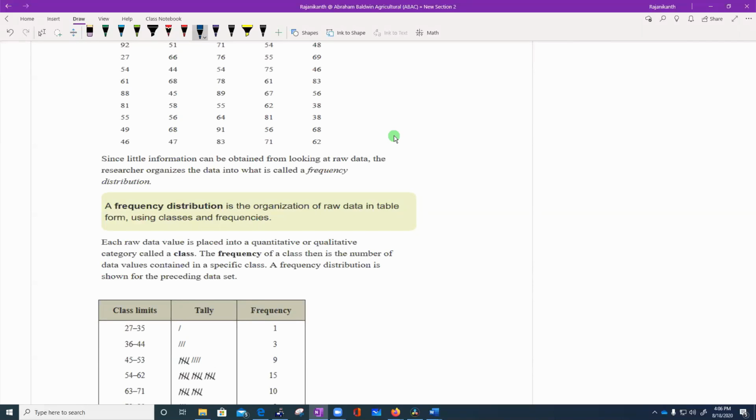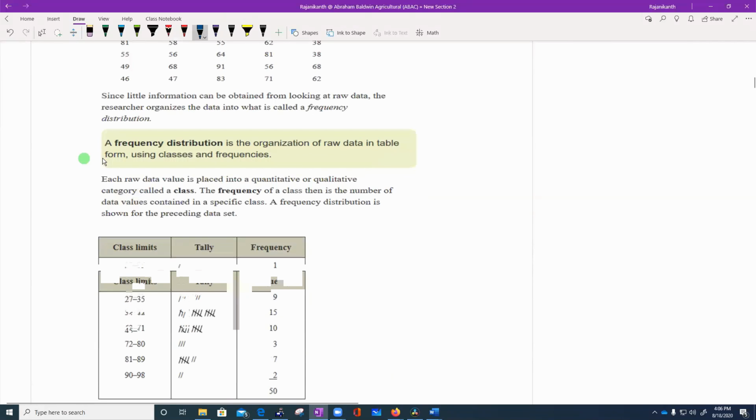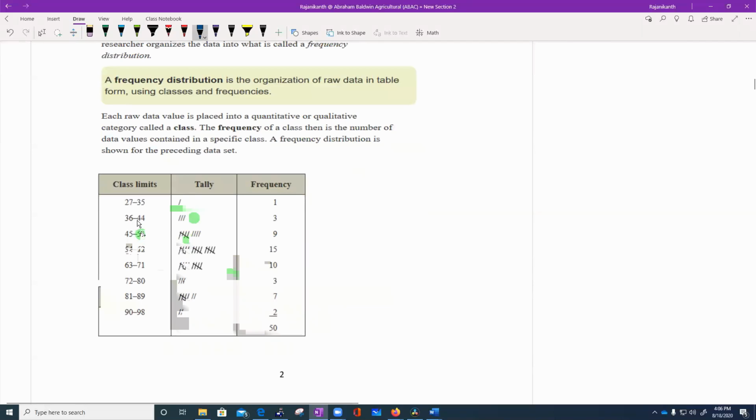The frequency distribution is nothing but the organization of the raw data in table form, right? So you need to make a table. The range here we pick this one. So how do you pick this range? Class limits. We have some rules to make class limits.